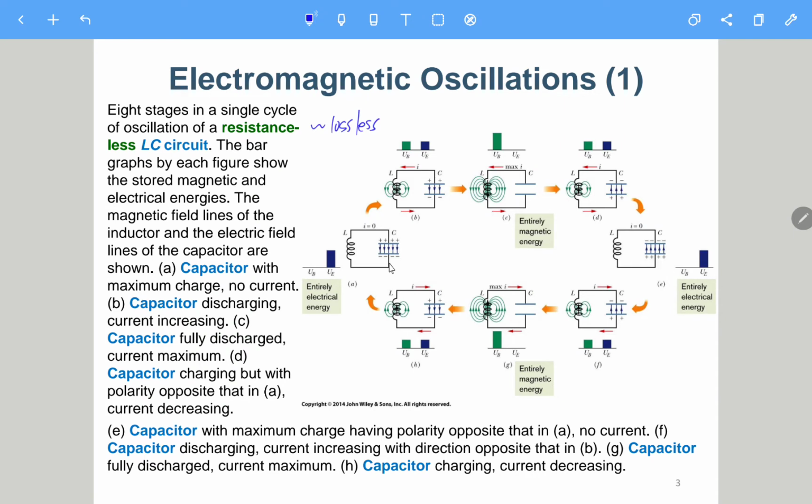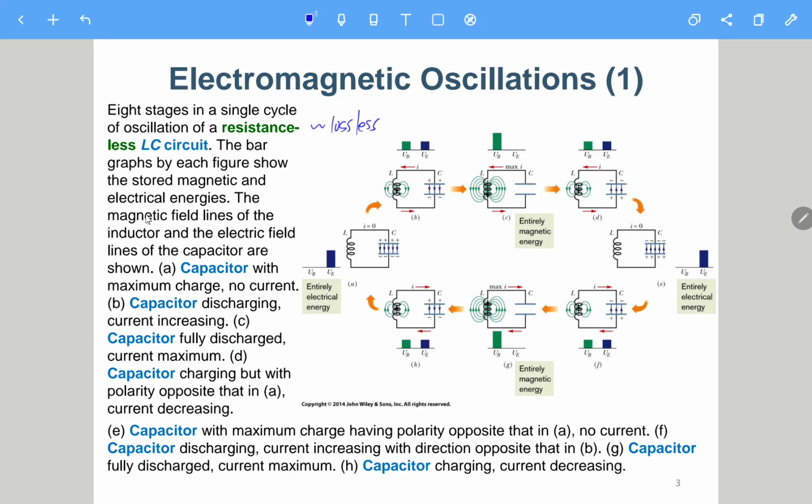Something like if you have a spring, and the spring doesn't have any loss, then if you just drag it a bit, it will just oscillate forever. But if there is any loss, then it will gradually stop. So it seems something similar in this case.